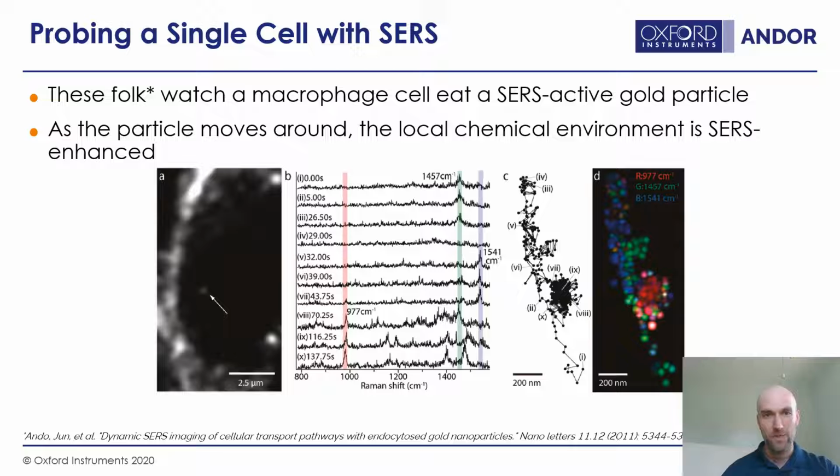What they do, which is incredibly cool in my opinion, is let a cell eat that particle, endocytose it, or bring it into its internal environment. Imagine you eat this glowing orb, this gold nanoparticle, and it goes into your mouth and travels through your digestive tract. That's what it's doing with the cell.